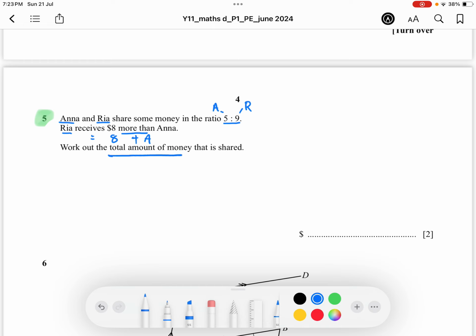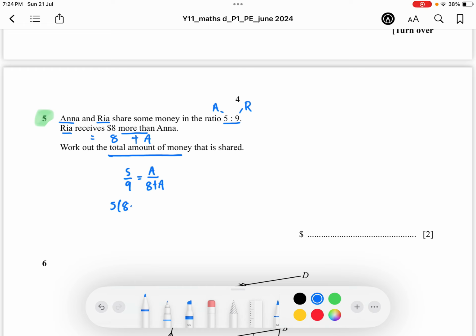In this case, what we can do, we can rewrite the ratio in terms of fraction. So Anna over Ria, and then equate it with the amount that they receive. So Anna would receive some amount, so we just put it as A, and then Ria, we write it as 8 more than Anna. What we get here is an equation, multiply both sides with 9 and 8 plus A.